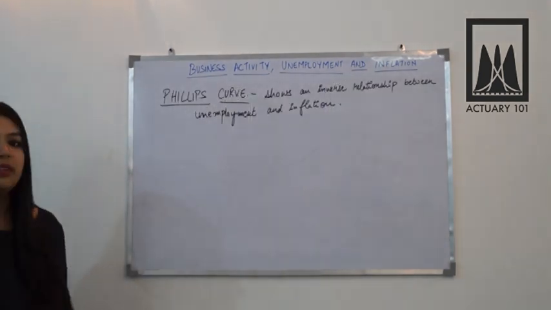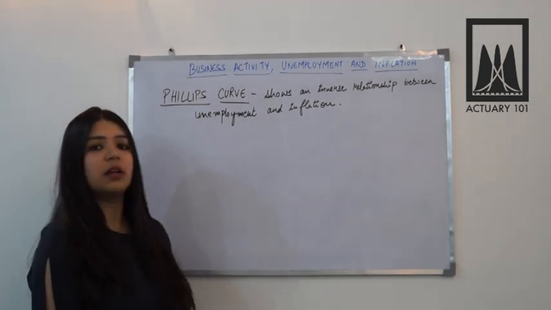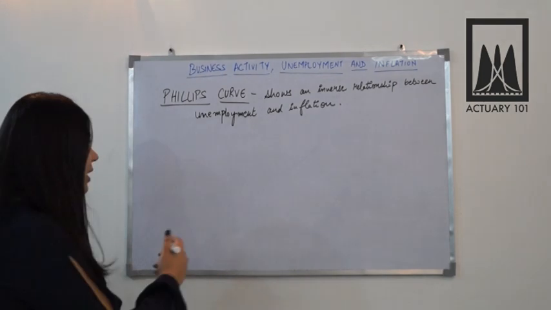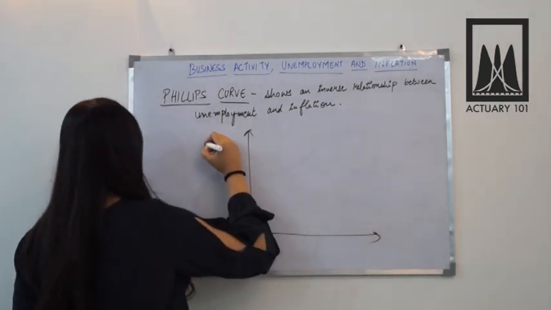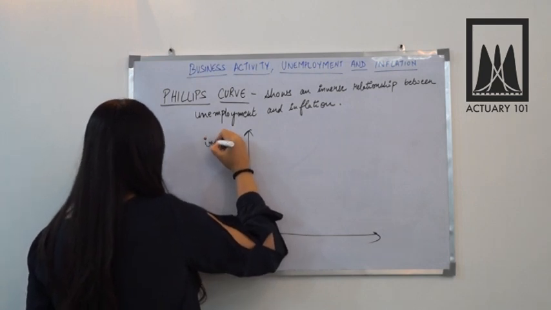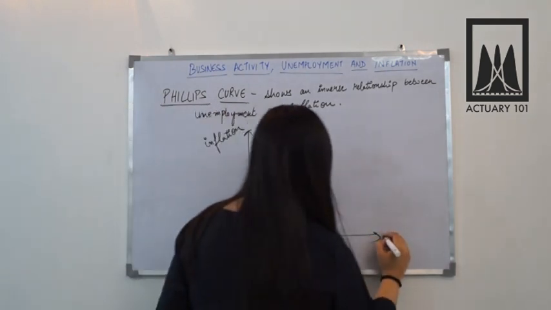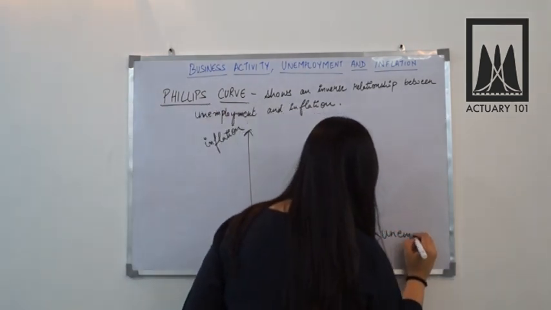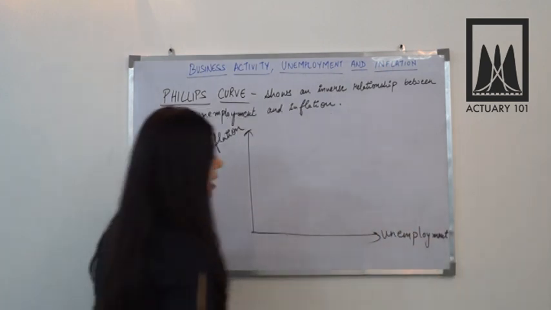Supporting this argument, we have the Phillips curve, which shows an inverse relationship between unemployment and inflation. Diagrammatically, this can be represented as something like this, where we have inflation on the y-axis and unemployment on the x-axis.